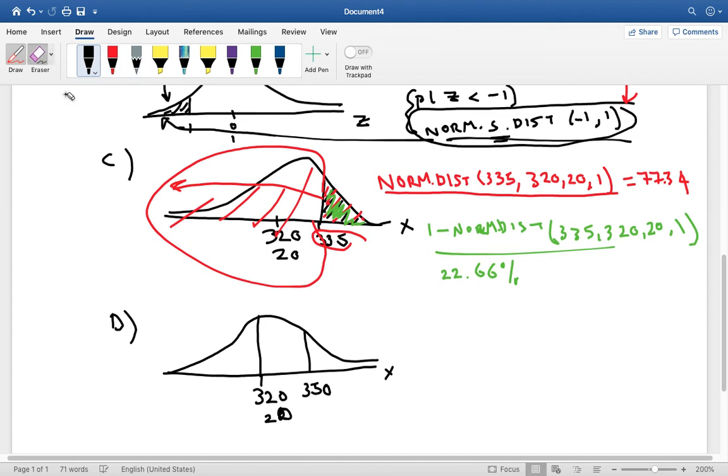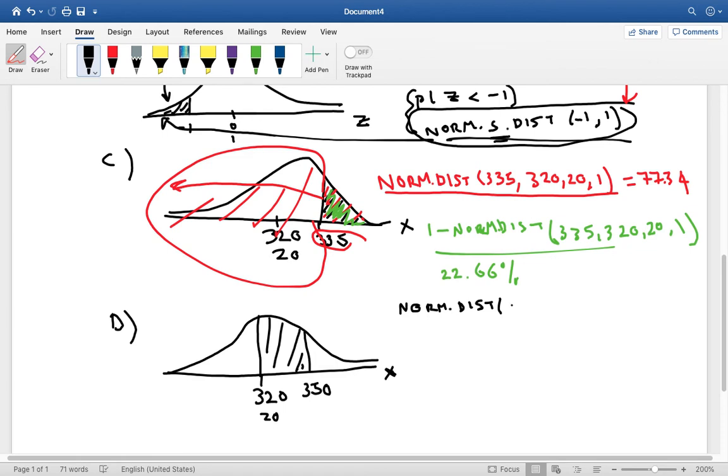Let's just get rid of that. So we need to find this area in here. So again, when we're between 2 points, as previous examples that we've done, we can use norm.dist. We're not going to bother standardizing it, we're just going to leave it in X.